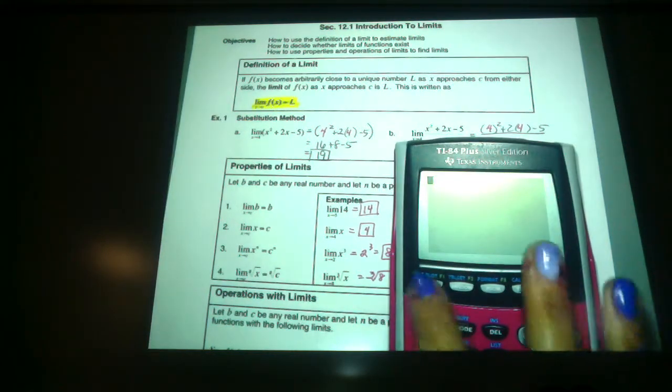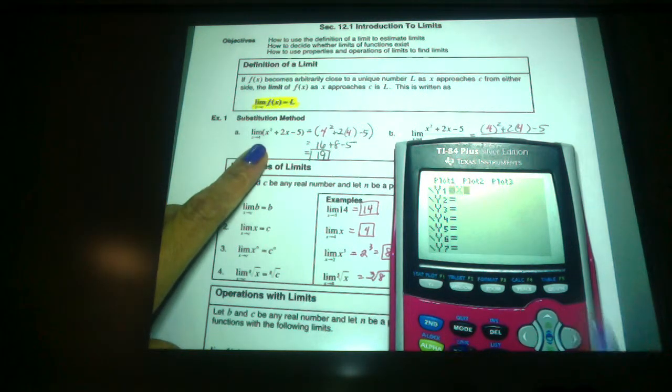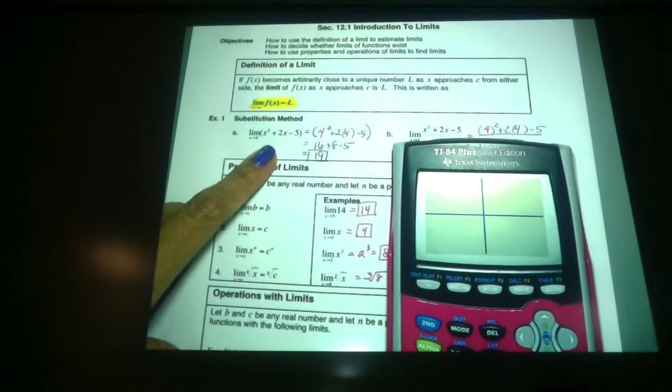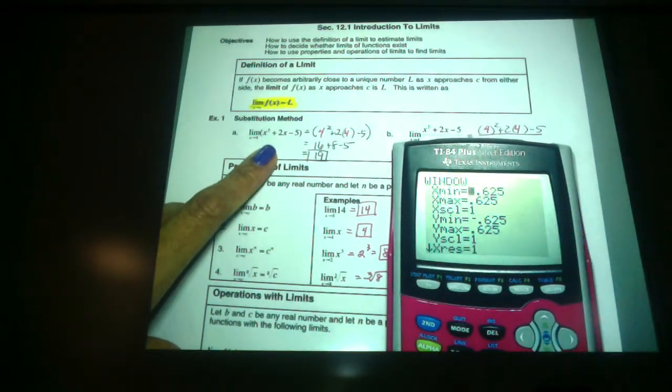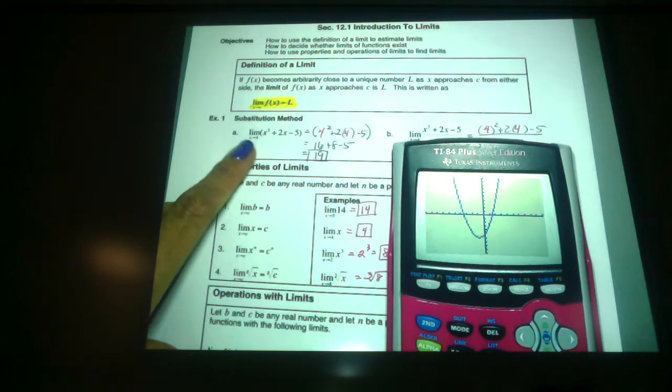All right, so I've got y equals, I'm going to put in x squared plus 2x minus 5. I'm going to hit graph. Oh, I think I'm zoomed in. Yep. So make sure you have your standard viewing window. So there's my parabola, and I want to know what is the limit as x approaches 4.